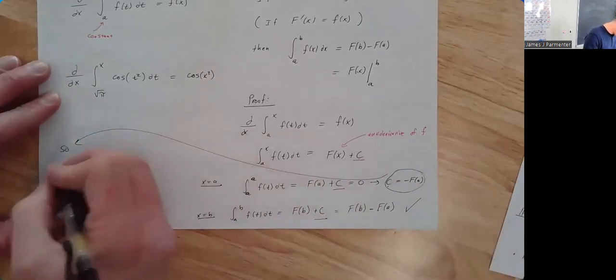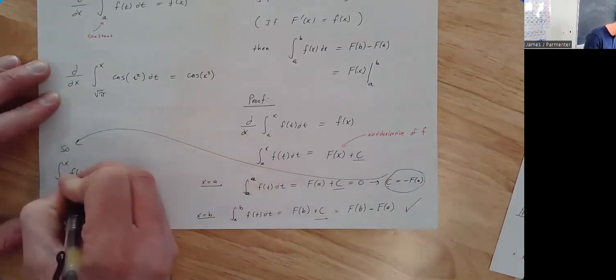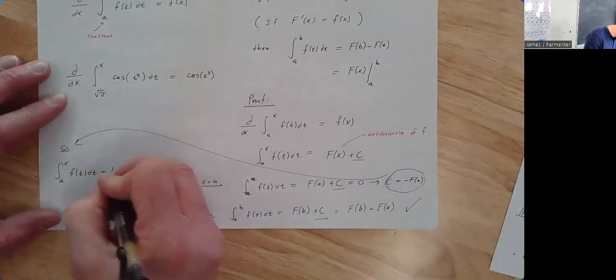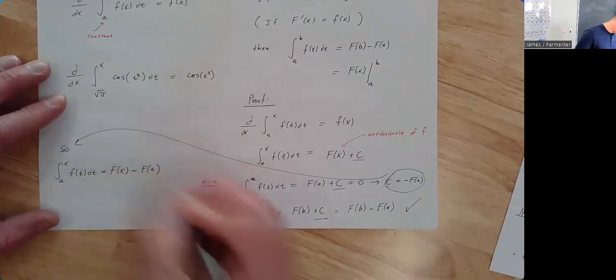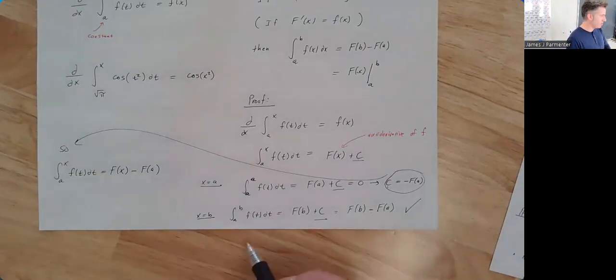we're now saying that the integral from a to x of f of t dt is equal to capital F of x minus capital F of a. That's what we actually just said there. And then one more thing. Instead of using t, we'd rather just use the variable x.